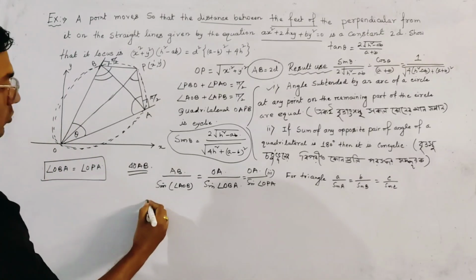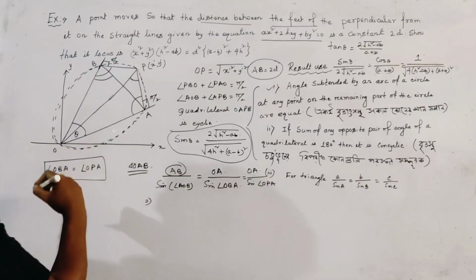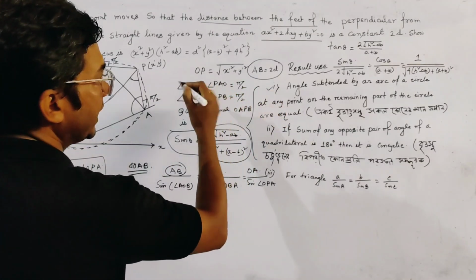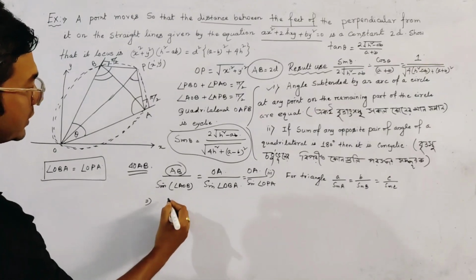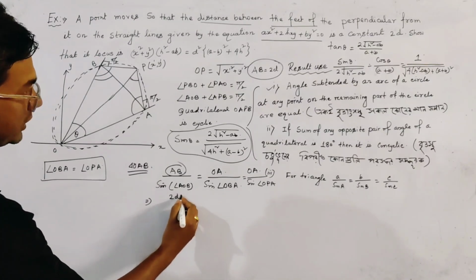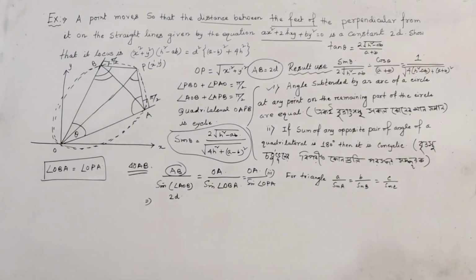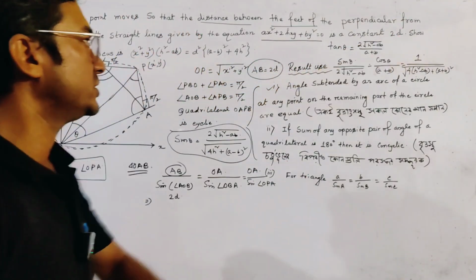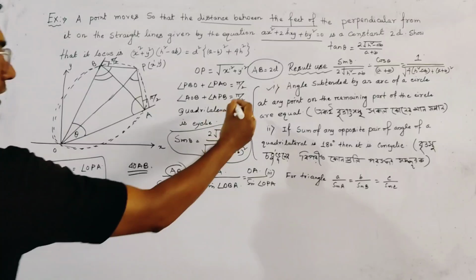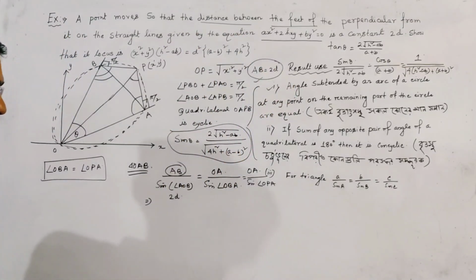Okay, and we know that AB is given in our problem, AB is given by 2D, because it is given that the length is a constant 2D, and we write AB is equal to 2D.